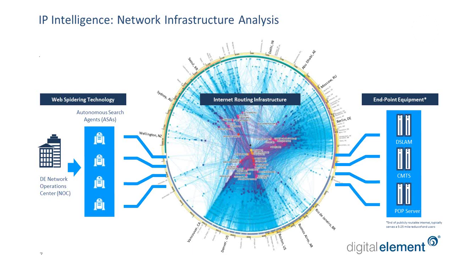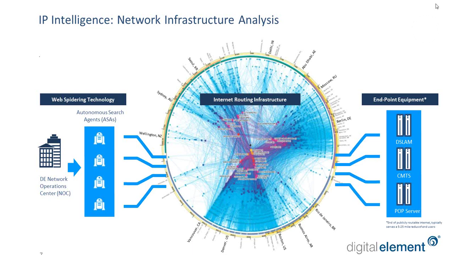But for now, let me tell you a little bit about how it works from the network infrastructure analysis perspective. Digital Element uses a web spidering technology, sending search engines into the internet routing infrastructure to understand where an IP is touching before it reaches the endpoint.